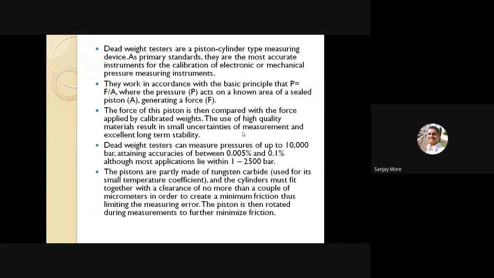And the cylinders must fit together with a clearance of no more than a couple of micrometers in order to create minimum friction, thus limiting the measuring error.